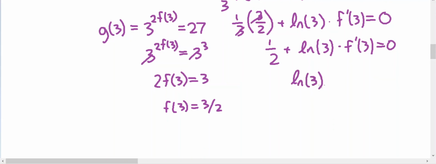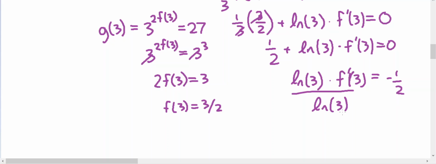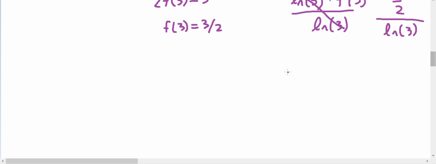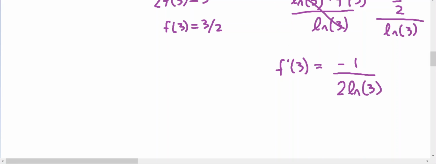So we get ln of 3 times f prime of 3 is equal to negative 1/2. And then simply divide by the constant ln of 3. So altogether, we can arrive at our final answer here. f prime of 3 is equal to negative 1 over 2 ln of 3.